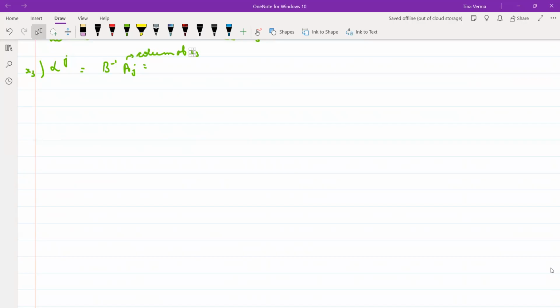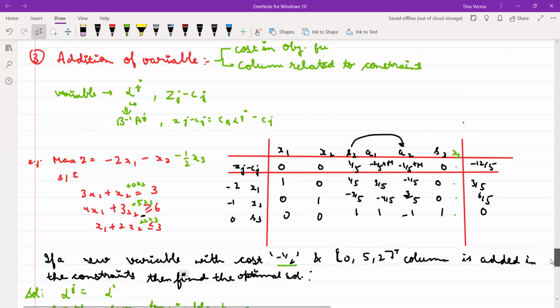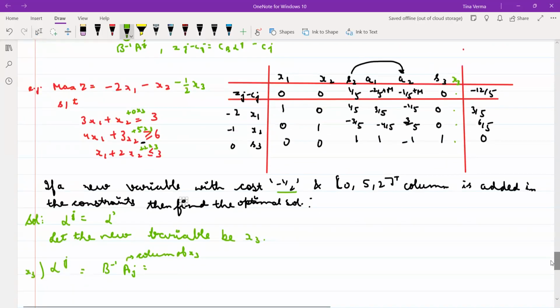Aj means the column of x3. So B inverse, you can say this is the optimal table given to you. When you started this problem, you had taken A1 as your basic variable, so firstly the initial basic variable will be the first column of your B inverse. A2 you had taken as well.